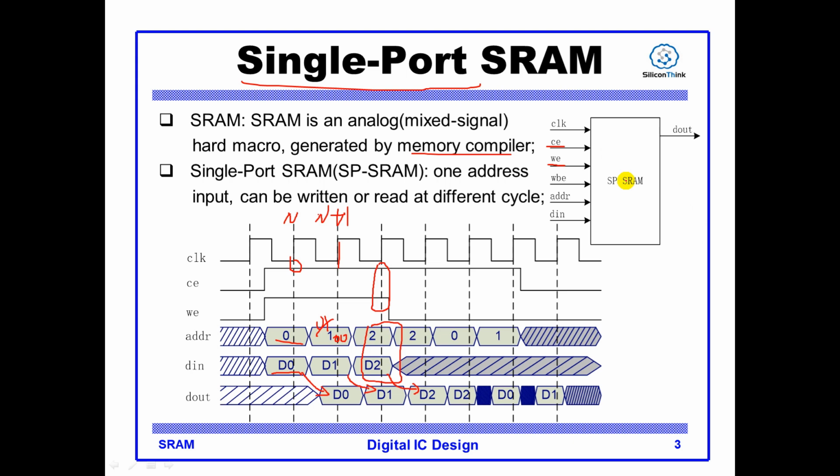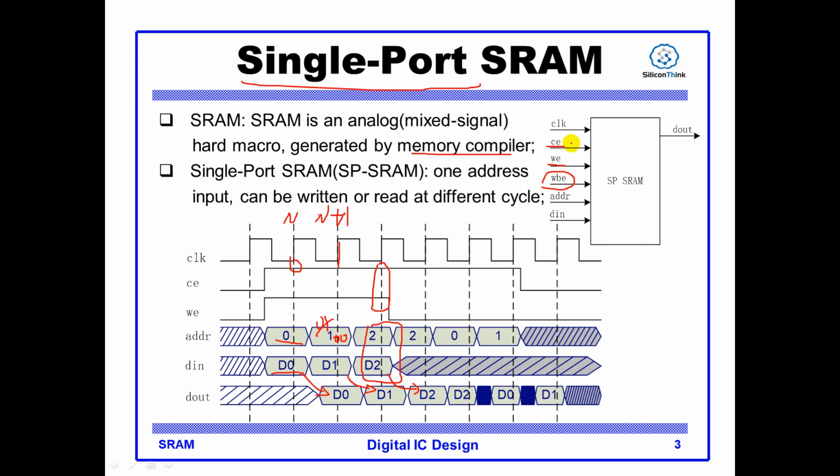And some cells have an additional input called byte enable, or you can say bit enable, write byte enable. That is, it can control which bit or which byte will be updated in this cycle.